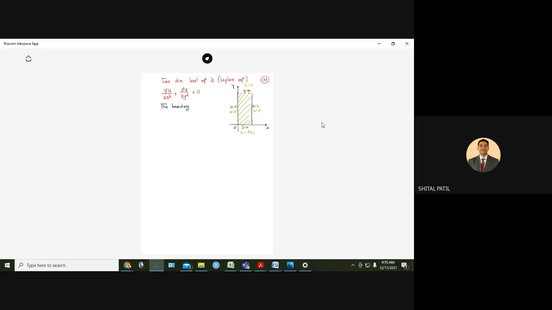Why is there no initial condition? The time variable t is not involved. The boundary conditions are: I am writing this condition first. x equal to 0, u equal to 0, so u of 0, y equal to 0. Then I am writing the next parallel condition, u of L, y equal to 0.